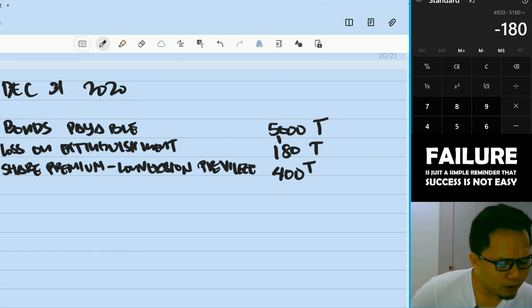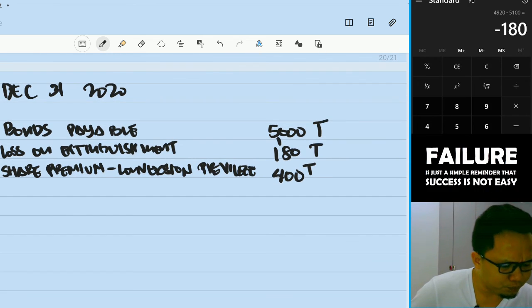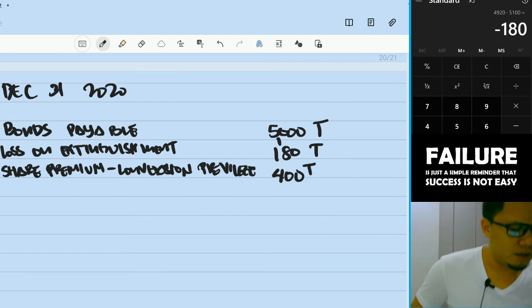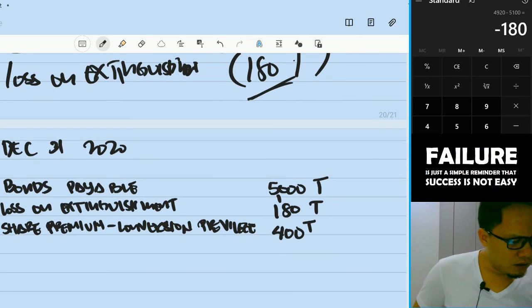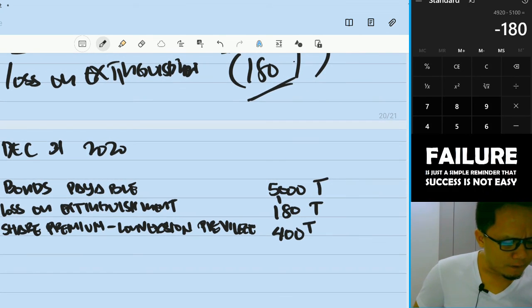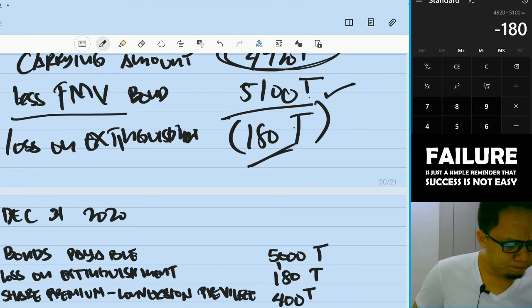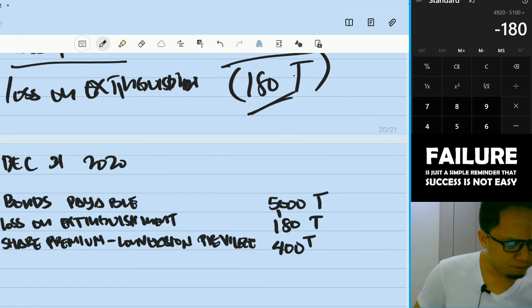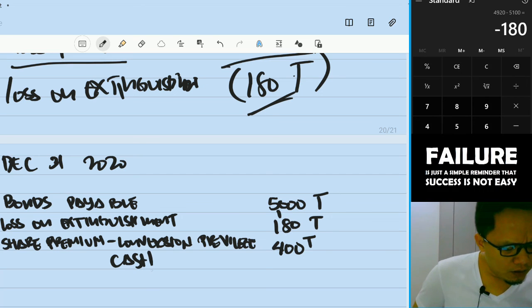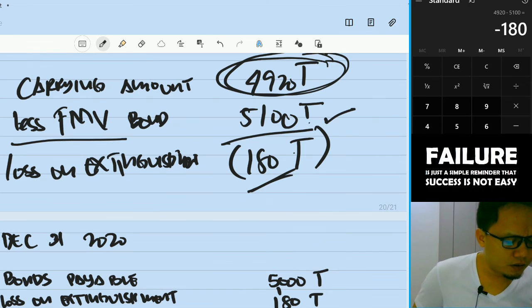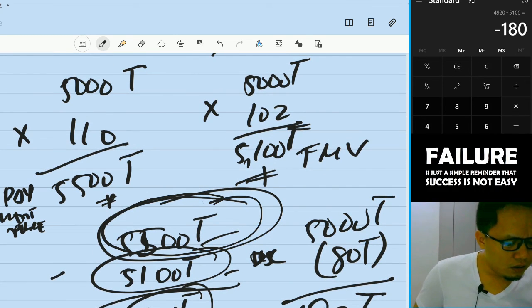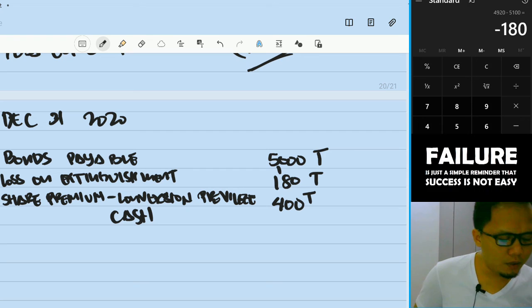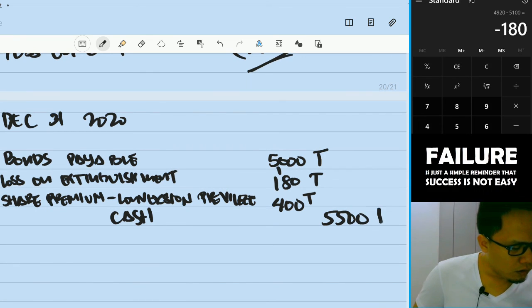Okay. So, the next entry for this is to credit cash, which is yung payment natin na 5,500,000.